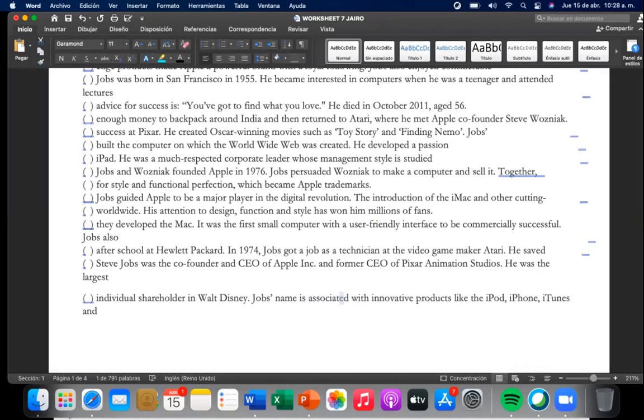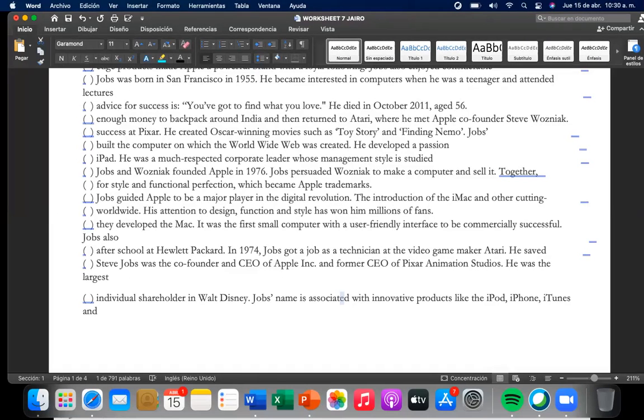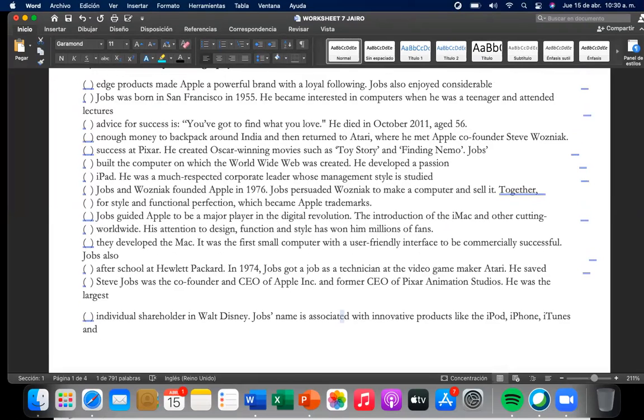So, Nicolás, could you please read again the sentence? Individual shareholder in Walt Disney. Continue. Jobs' name is associated with innovative products like iPad, iPhone, iTunes, and iPad.